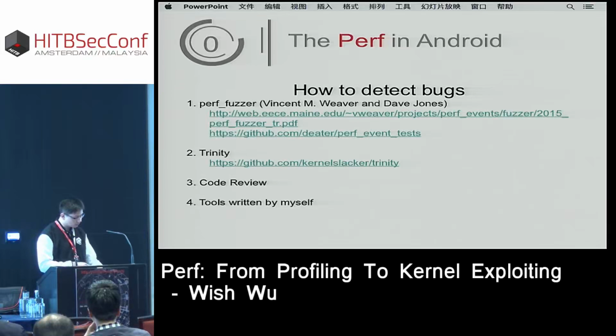Then the second tool is Trinity. Trinity is a well-known system call fuzzer. It sometimes helps me. Then you should code review the perf subsystem.